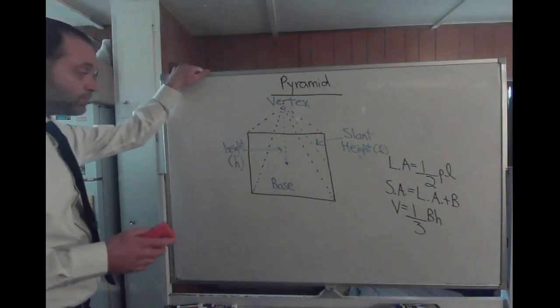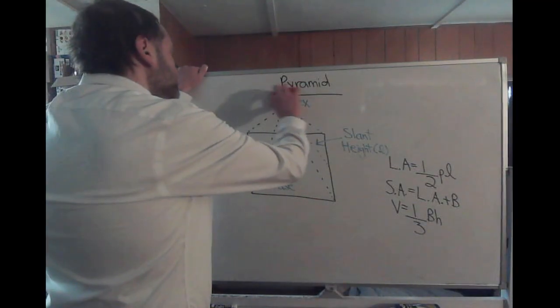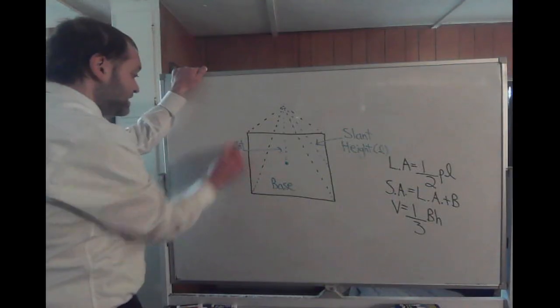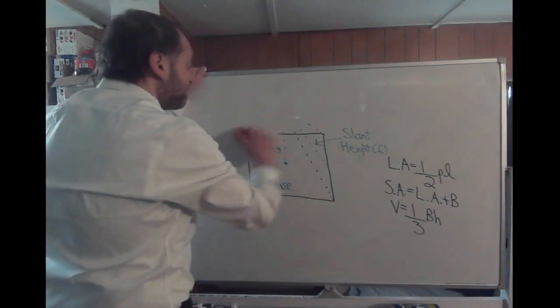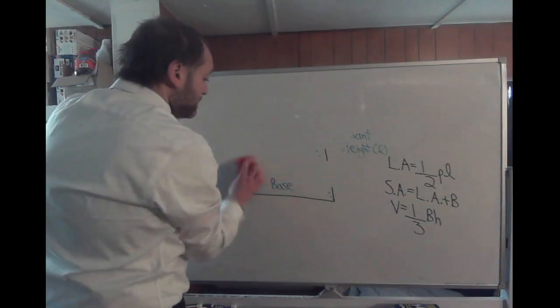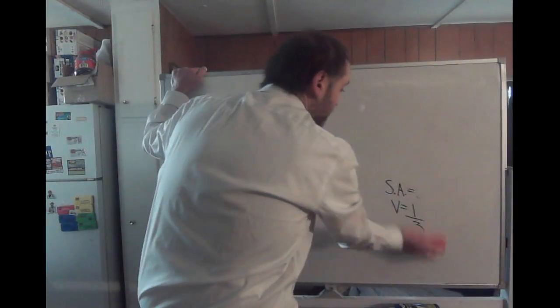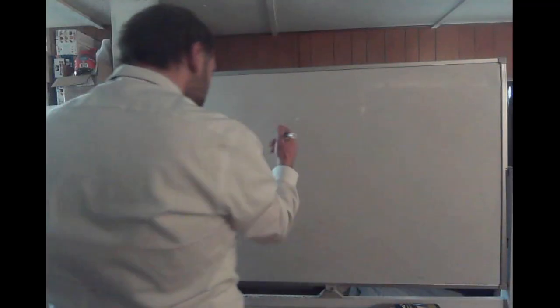So, we are going to do some examples here. This shouldn't be a terribly long lesson, but there are some important things to discuss when dealing with pyramids. Alright, so let's go ahead here.